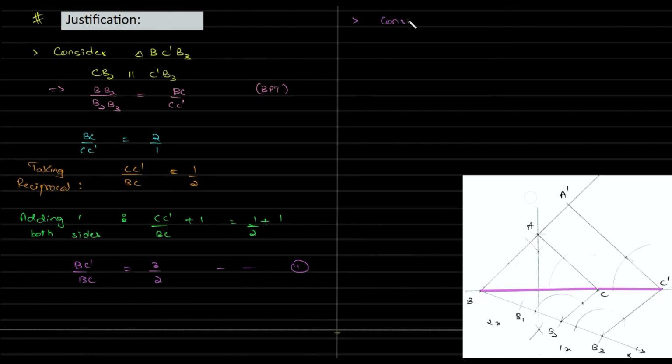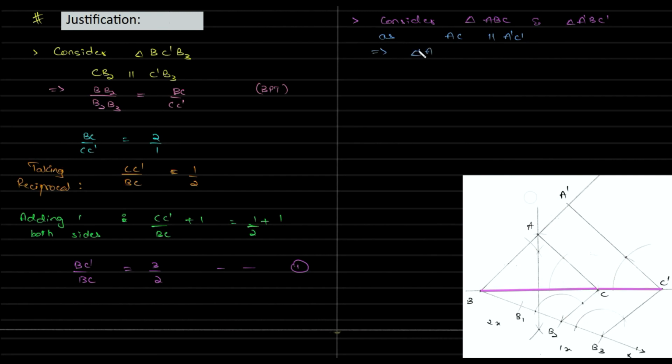Now consider triangle ABC and triangle A dash BC dash. So we have, as AC is parallel to A dash C dash, what does this imply?